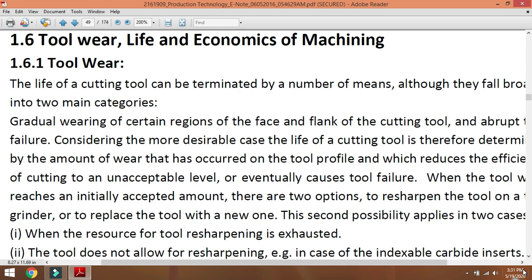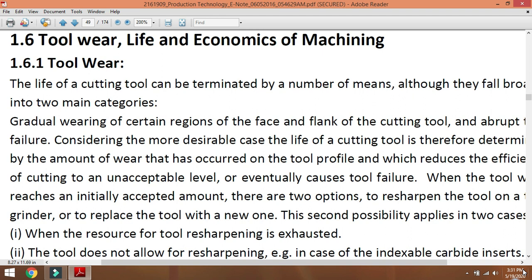The life of a cutting tool can be determined by a number of factors, although tool failures are brought into two main categories: gradual wearing of certain regions and abrupt failure. Gradual wearing occurs on the face and the flank of the cutting tool.